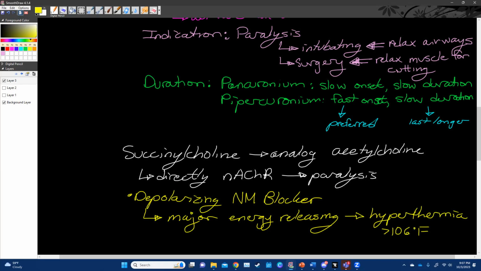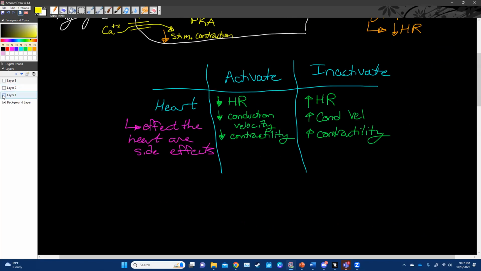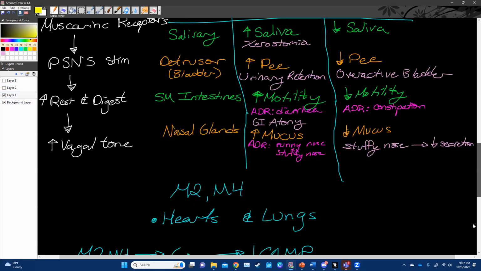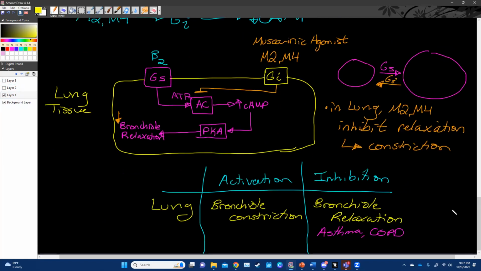All right, this is where we will end today. Let me go back to the lung real quick. Nope, that's the heart. Tomorrow we're going to finish up the last little bits of the muscarinic and nicotinic drugs.